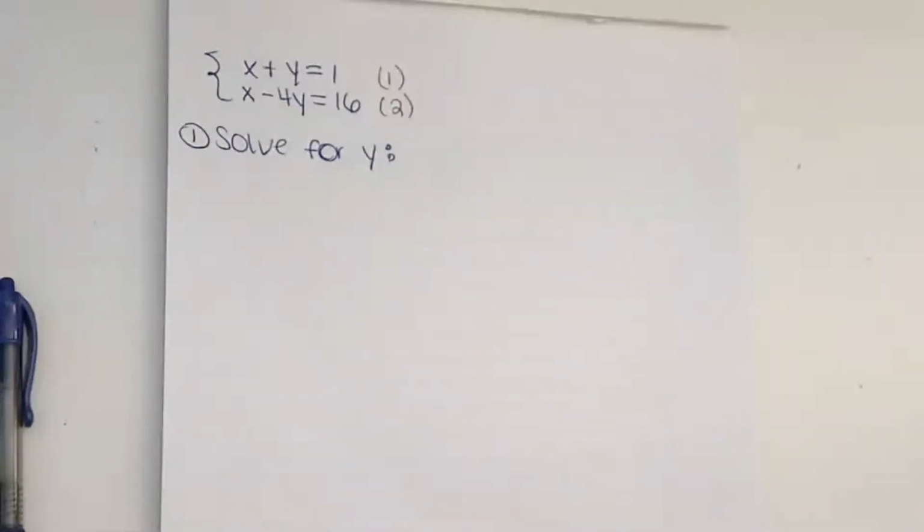Okay, so we're going to solve for y. We have our first equation, x plus y is equal to 1. We subtract x from both sides, and we get y is equal to negative x plus 1. Okay, and again, those are unlike terms, so we cannot combine them in any way. We just have to say it's negative x plus 1.